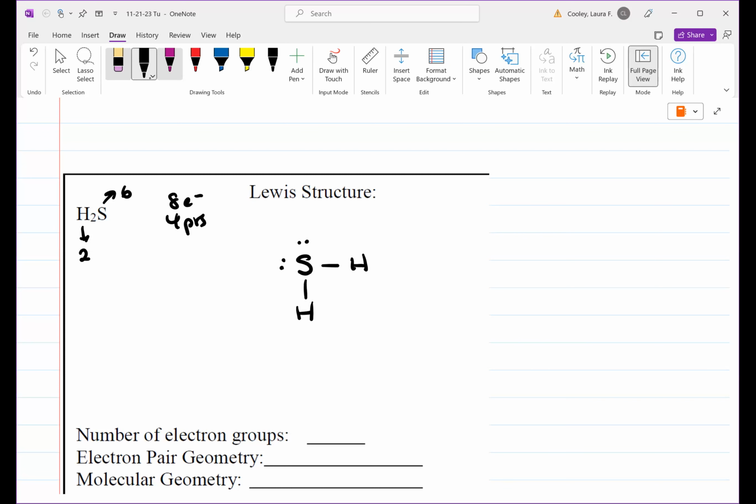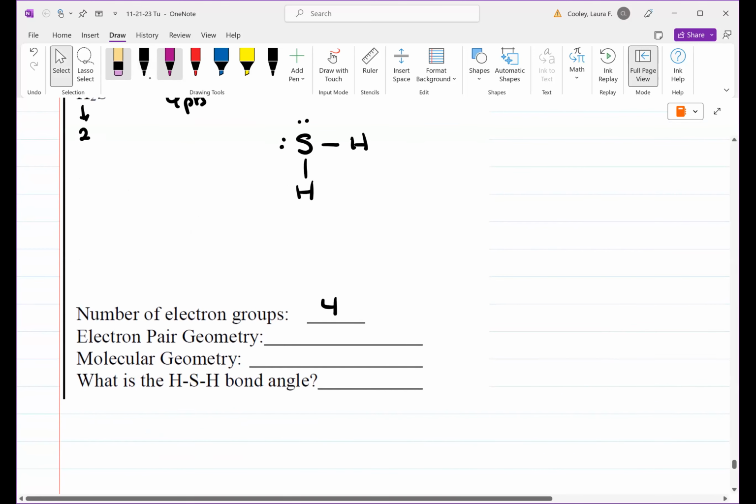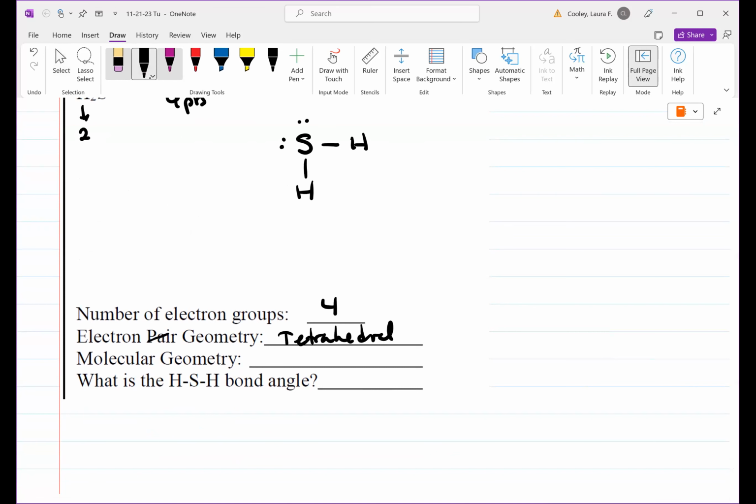Because S is right under oxygen. But again, it has 4 electron groups. So its electron pair geometry is just tetrahedral. But in this case, we only have single bonds to 2 atoms. So we have a bent structure here. And that makes this bond angle less than about 109 degrees.